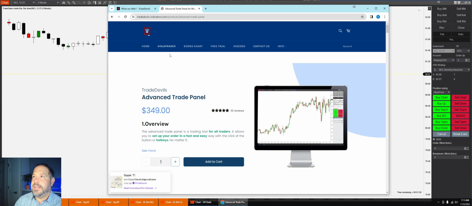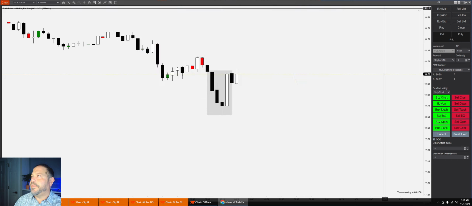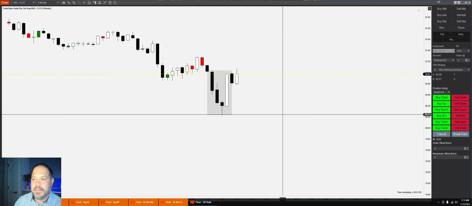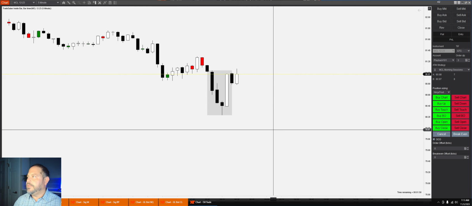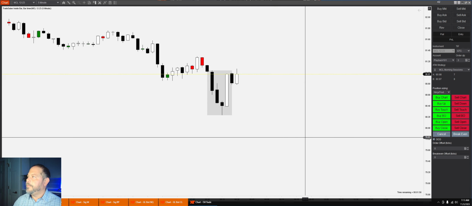But you just go to Trade Devils, go to indicators. They've got a tab specifically for NinjaTrader. If you're a Sierra Chart user, I guess they've got one there for them as well. And I think they also provide you with a trial period. Okay, so there's a trial period built into that as well, so you can take a look at that.